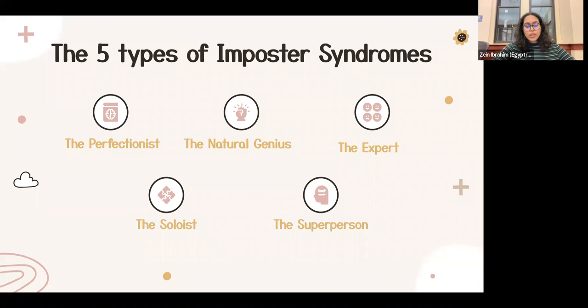This imposter syndrome involves believing that unless you were absolutely perfect, you could have done better. You feel like an imposter because your perfectionistic traits make you believe that you're not as good as others might think you are. A characteristic of the perfectionist type is that they always hold themselves to the highest standard.